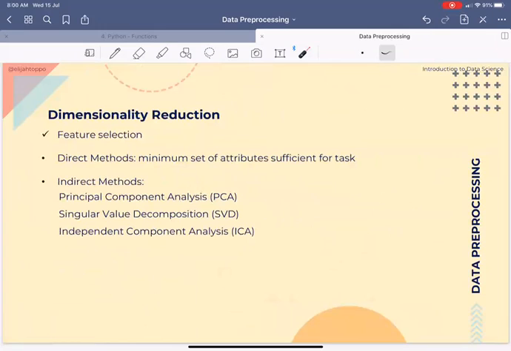Now, when we talk about dimensionality reduction, that is, we are trying to reduce the number of dimensions. This problem is also called feature selection. Anand, do you remember when we were dealing with generator data for finding out faults?